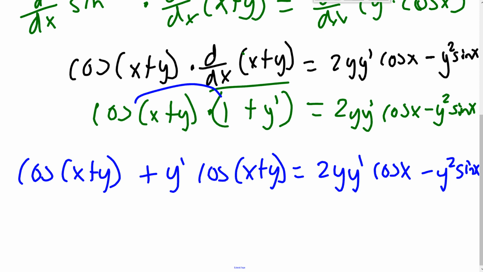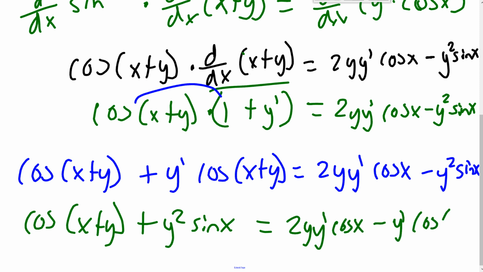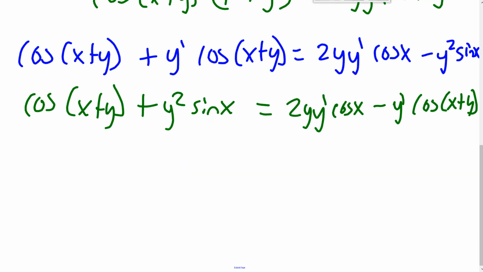So everything that's not attached to y prime, I'm going to put it together. So I'll just move this one, keep that one here, move that y squared to the other side by adding it, and then move the y prime cosine of xy to the other side. Minus y prime cosine xy, x plus y. Factor out a y prime.